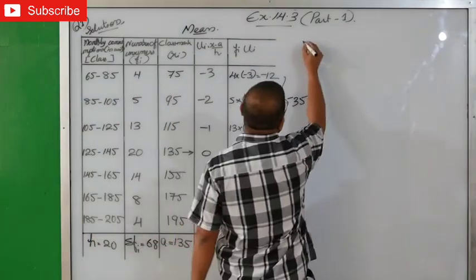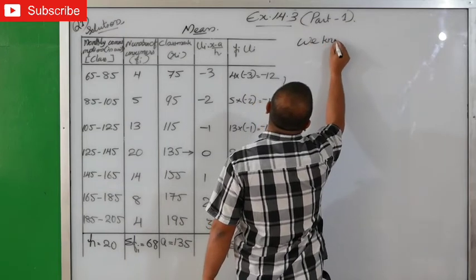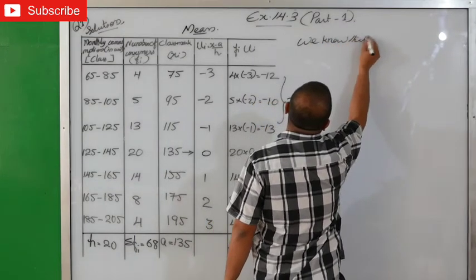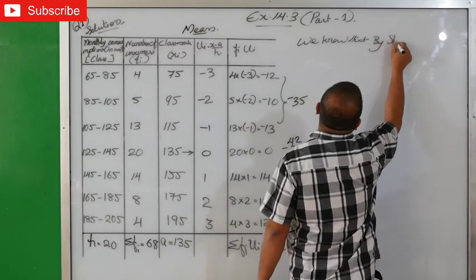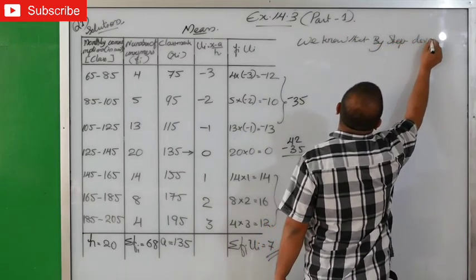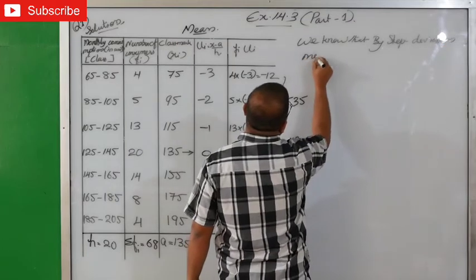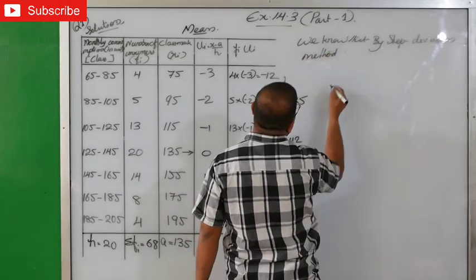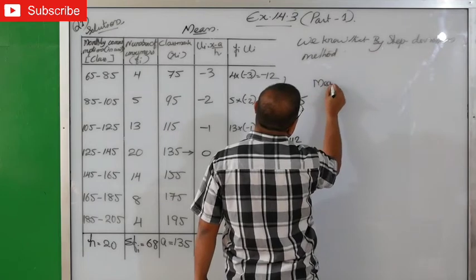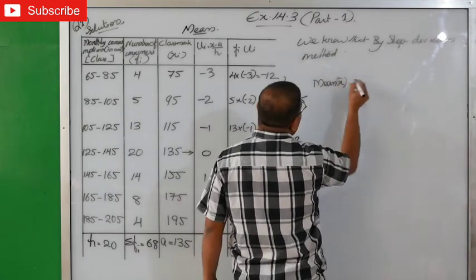Now what will you write? We know that by the step deviation method, the mean x bar equals, what is the equation?